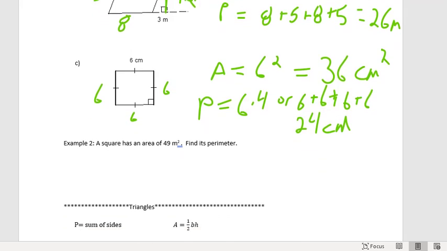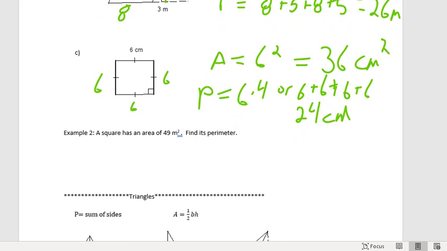All right, example 2, a square has an area of 49 meters squared. Since area equals s squared equals 49, take the square root of both sides, so the side equals 7 meters. So now we have a square that is 7, 7, 7, 7.